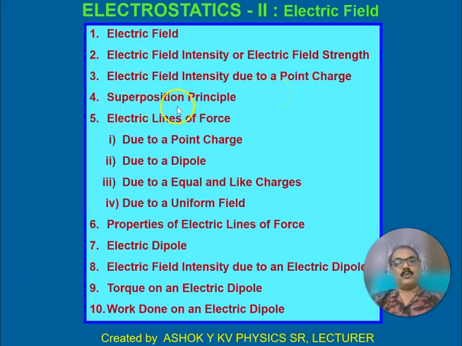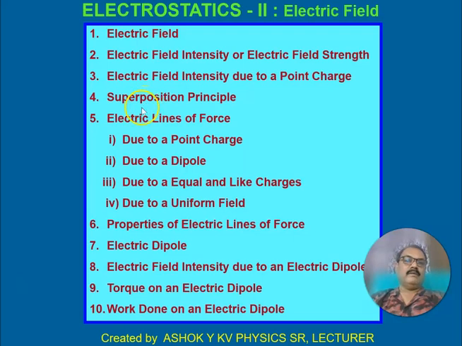Then next is the superposition principle. The electric field due to a number of charges at a point will be equal to the vector sum. Understood? Vector sum means direction is to be considered.